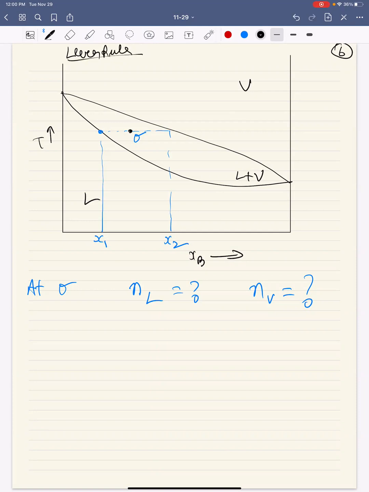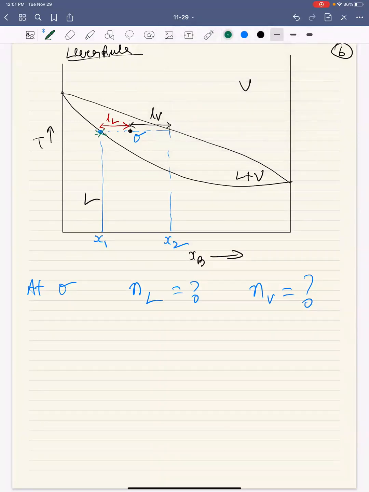It's Lever rule. Lever rule says something interesting. It says, go and measure this length, the length from the nearest liquid point, and call it L vapor, LV. Then measure this length, which is the length from the nearest vapor point, call it LL.